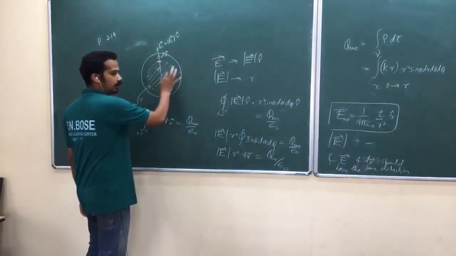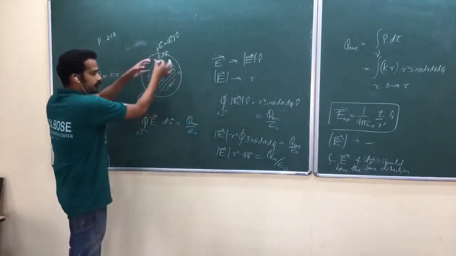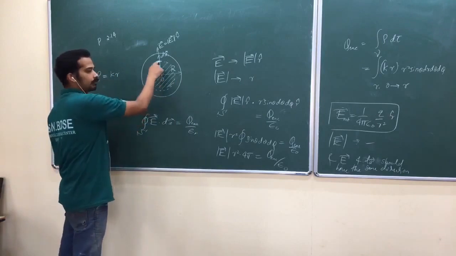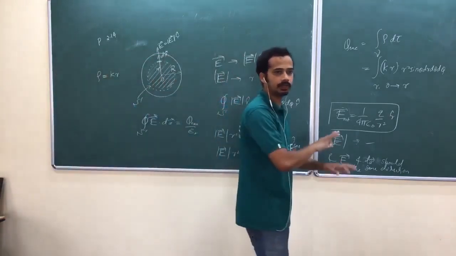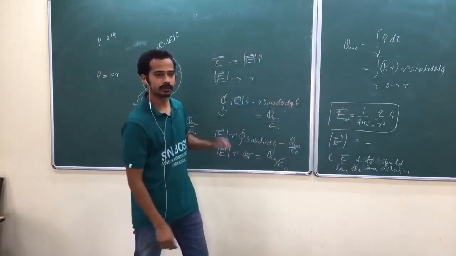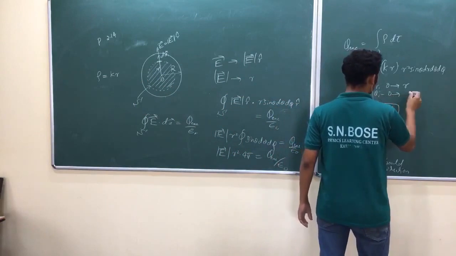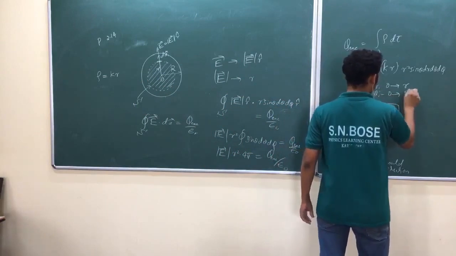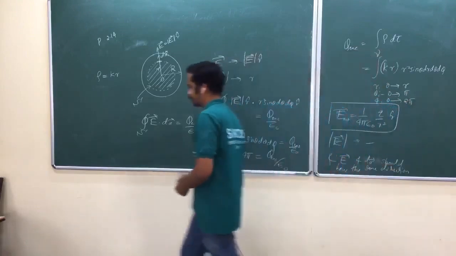How do you find the volume of that sphere? R runs from 0 to r, theta from 0 to pi, phi from 0 to 2 pi. That becomes the complete volume integral of the sphere, isn't it?